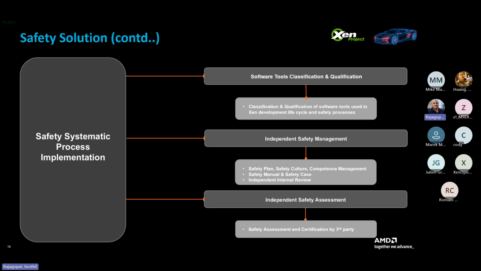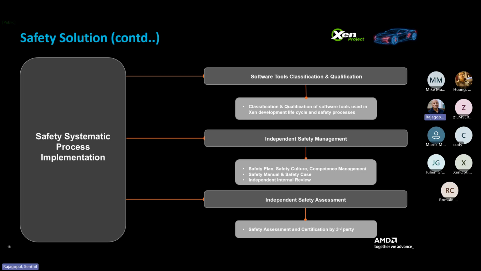This is an additional activity other than the development process, but a very heavy one. It looks very simple, but take a compiler and try to analyze the compiler output and how it impacts the safety. That itself is a huge engineering activity.